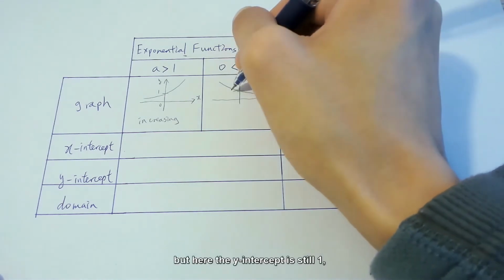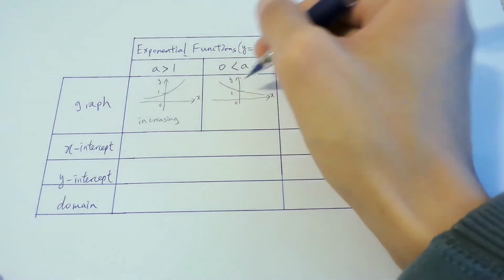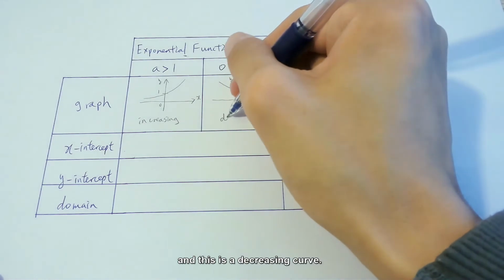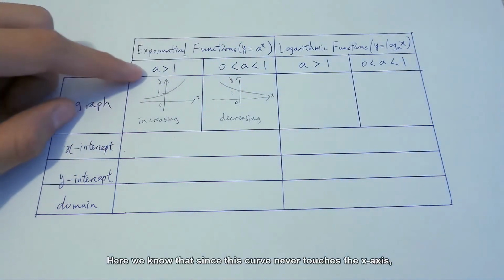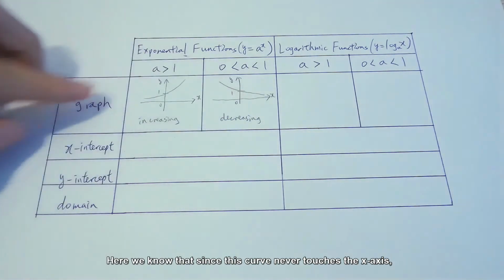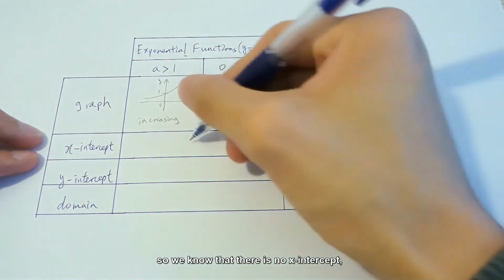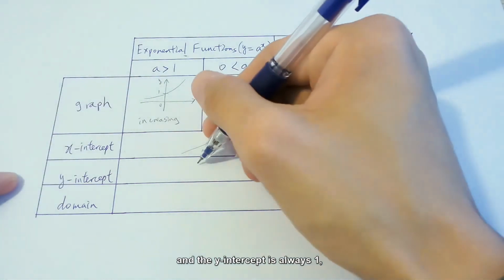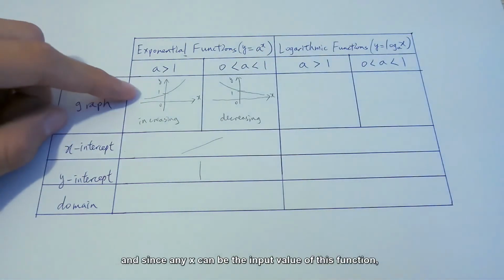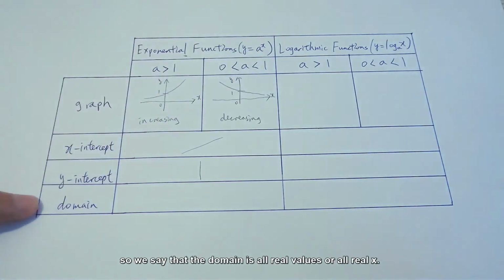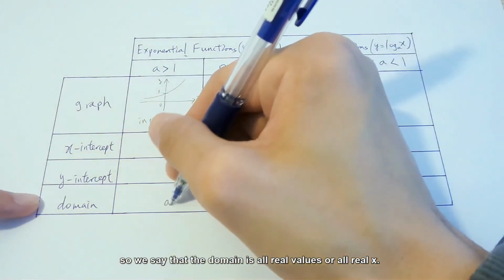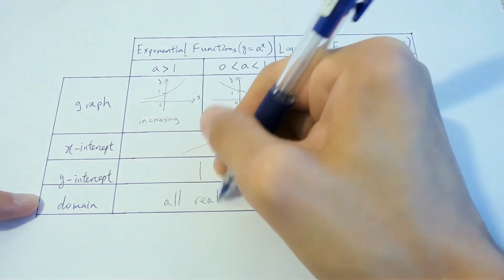But here the y-intercept is still 1. And this is a decreasing curve. Here we know that since this curve never touches the x-axis, there is no x-intercept. And the y-intercept is always 1. And since any x can be the input value of this function, we say that the domain is all real values or all real x.